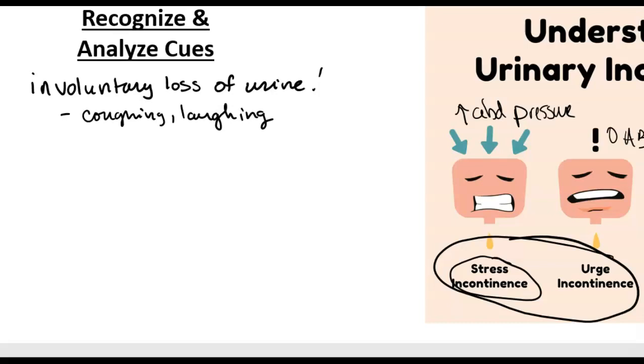So some other things that we may see as part of urinary incontinence that we may not actually tag as incontinence, but it's definitely something you might see, especially if somebody's managing their incontinence, is changes in their mood. So anhedonia, that's basically a symptom of depression.